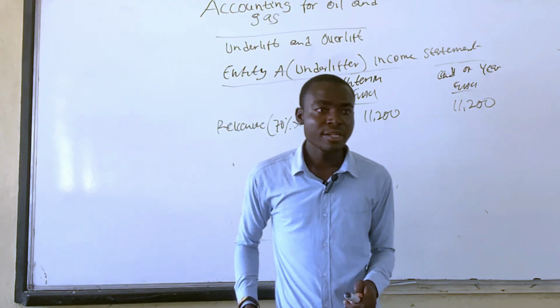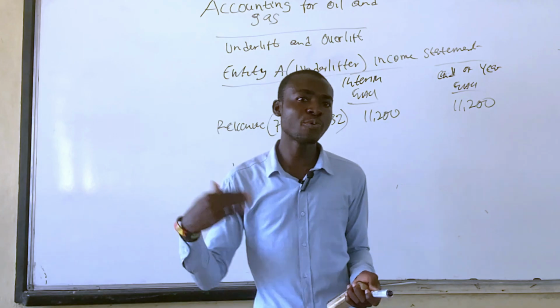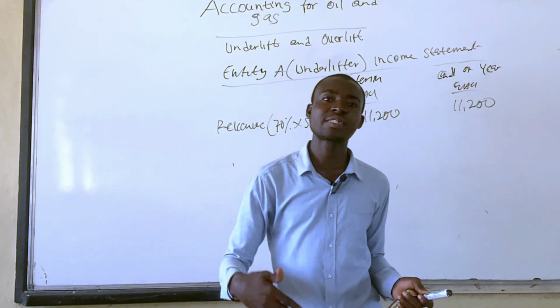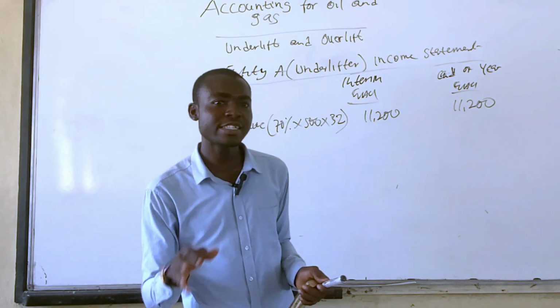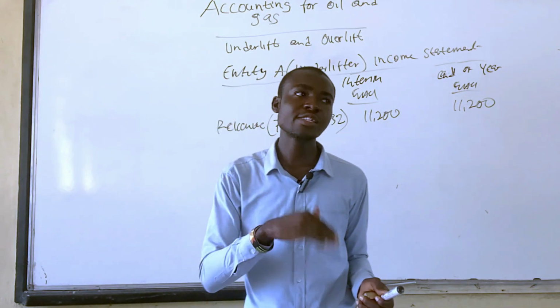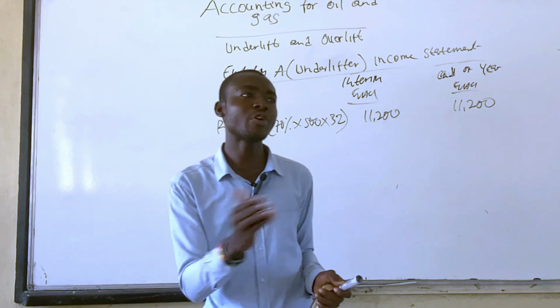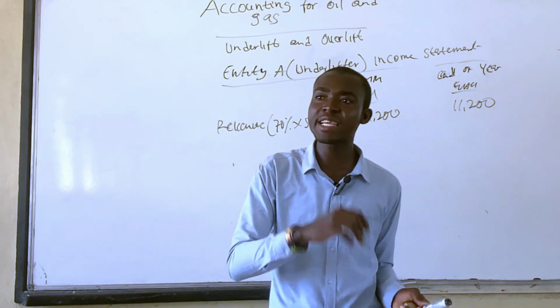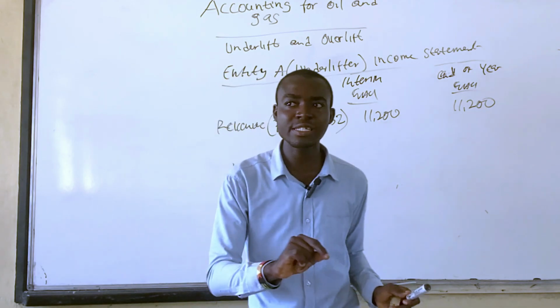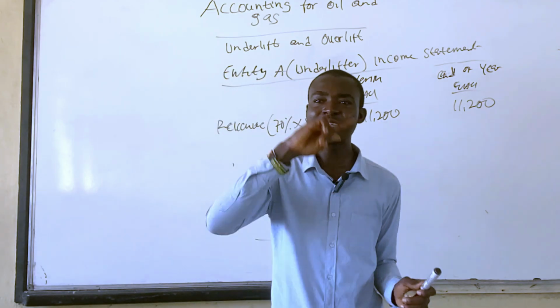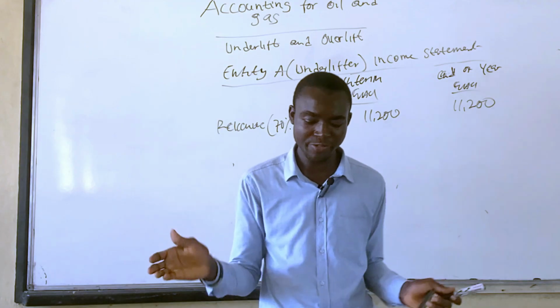After that, we were told that the cost of production was 7,500. So cost of production is the same as cost of sales. Since the cost of production was 7,500 and entity A's stake in the organization is only 70%, it means cost of production for entity A will be 70% of the 7,500.